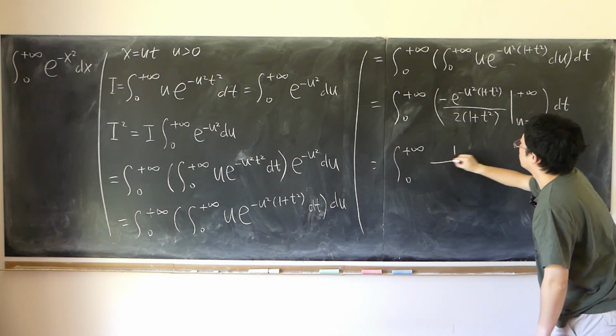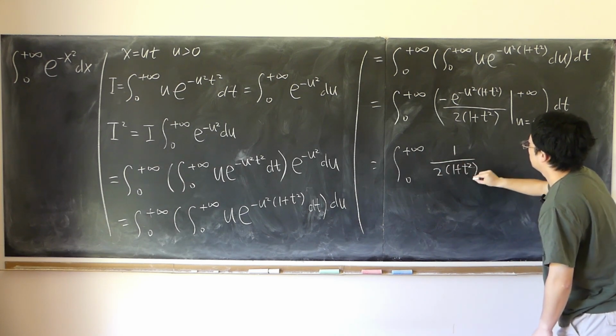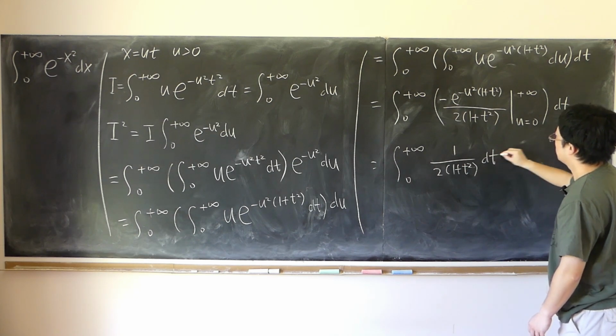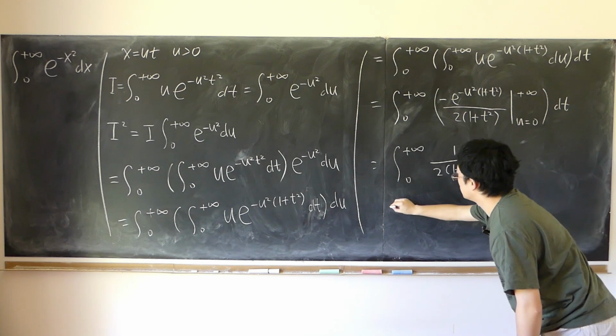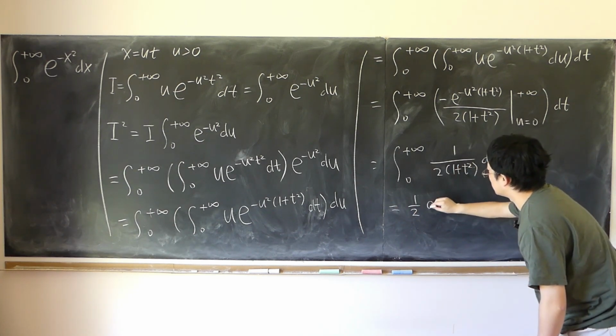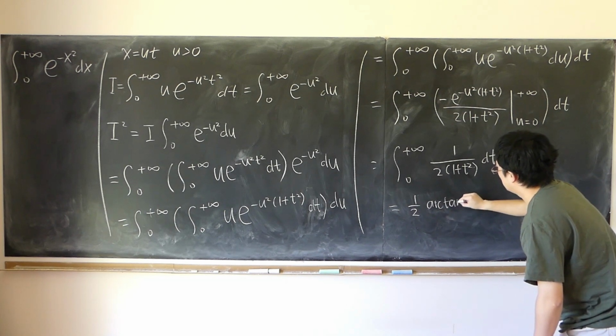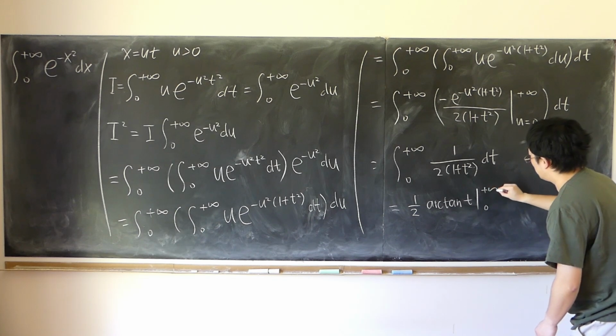So 1 over twice of 1 plus t squared, then dt this time. And this should be easy. This is, in fact, half of arc tangent of t, t evaluated from 0 to positive infinity.